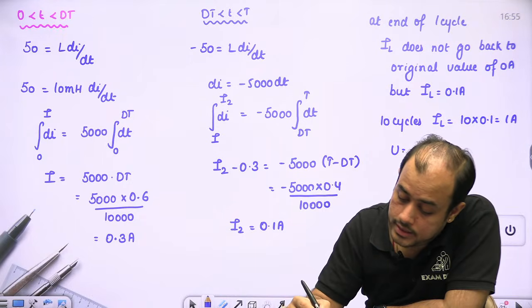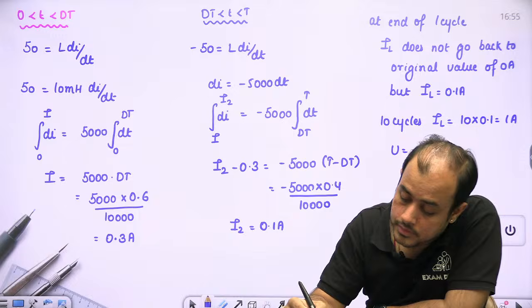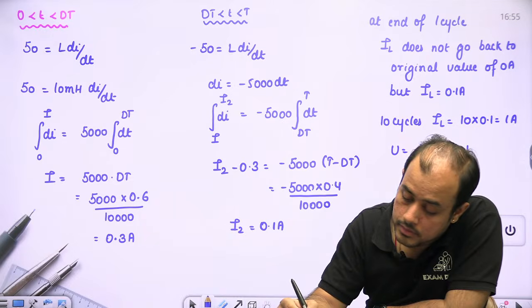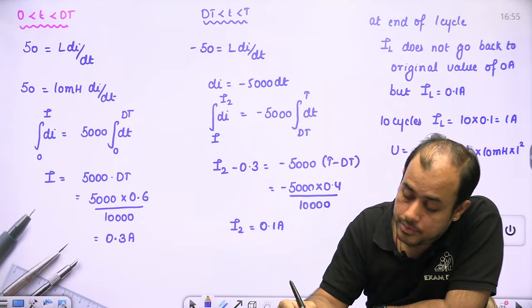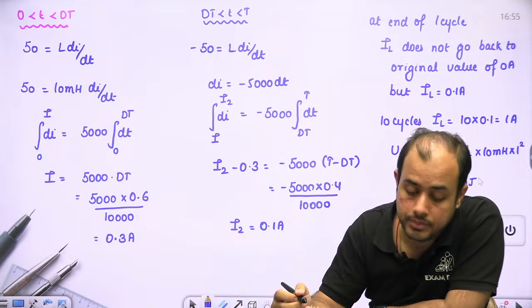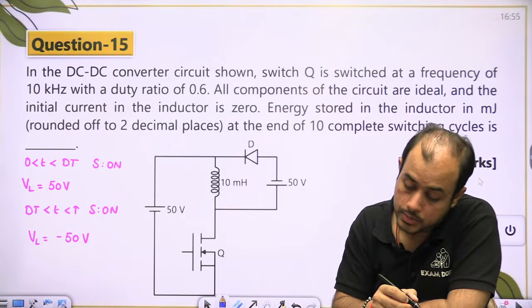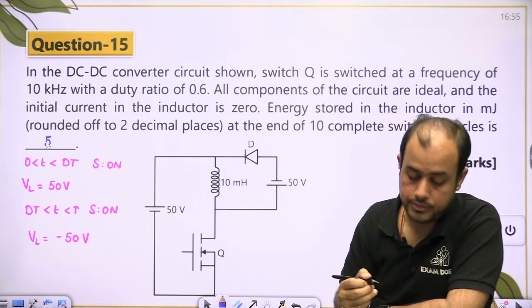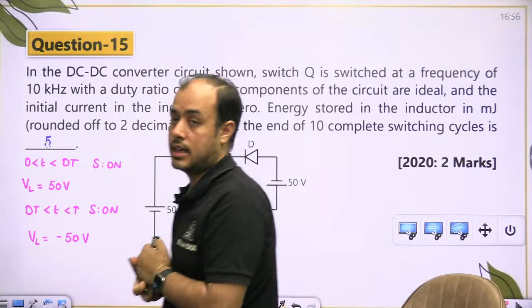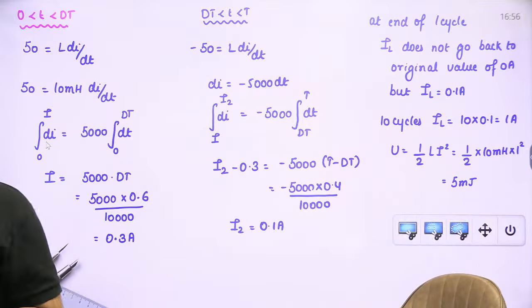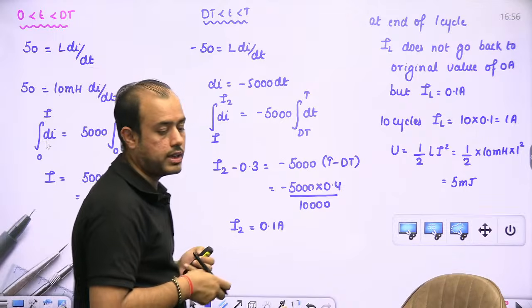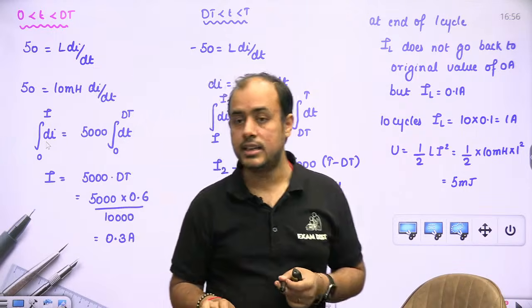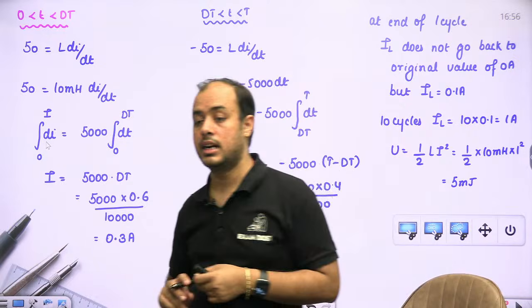So energy is ten millihenry into 1 square, 5 millijoule. Okay. So answer should be 5. Answer आएगा बेटा 5. Understood? In every cycle, current will keep on increasing by 0.1, 0.1. So at end of 10 cycles, current will become 1.